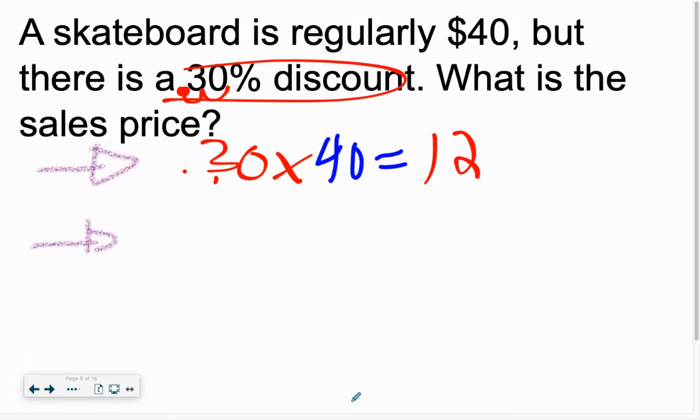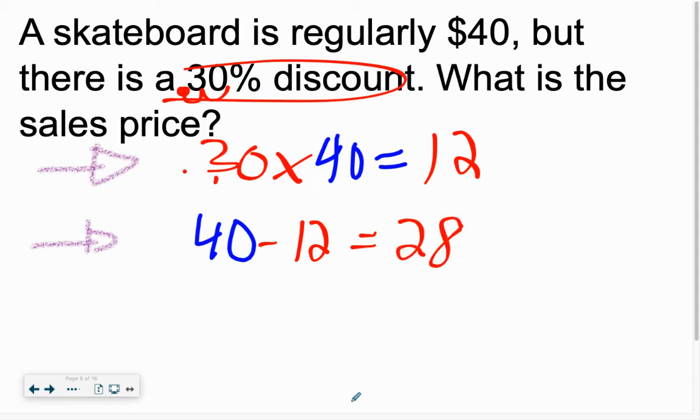Step 2, the final answer is not $12. That is your discount. Because a discount is money you save, subtract it. Careful: 28, 38, 18. If you're doing mental math, make sure you get the correct answer. In this instance, we're talking money, so put a dollar sign on it: $28.